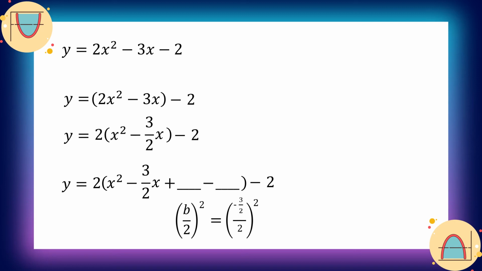We first simplify negative 3 over 2 divided by 2, and the answer is negative 3 over 4. Then don't forget our exponent, which is 2. The square of negative 3 over 4 is equal to positive 9 over 16. So the number that we are going to add and subtract will be 9 over 16.